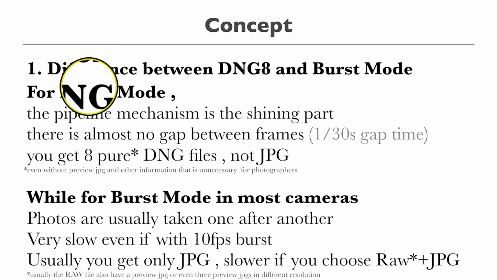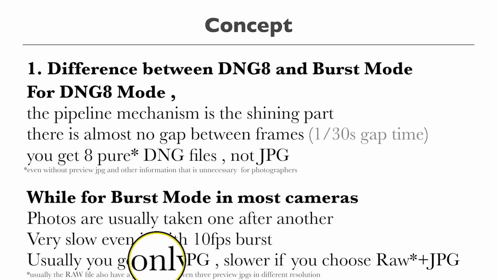That is DNG8 mode. But for the burst mode, the photos are usually taken one by one. That's way too slow. For GoPro cameras and some other cameras, you can get a high frame shot only with JPEG.